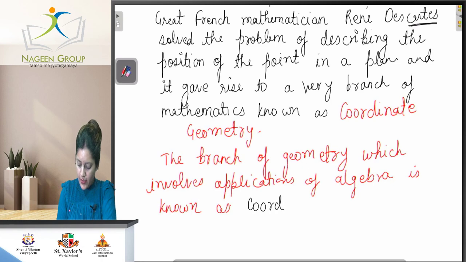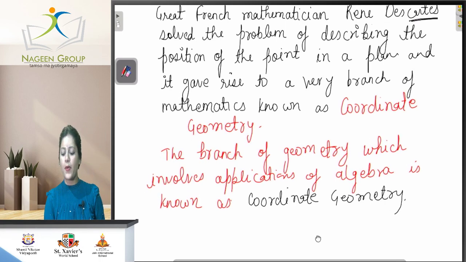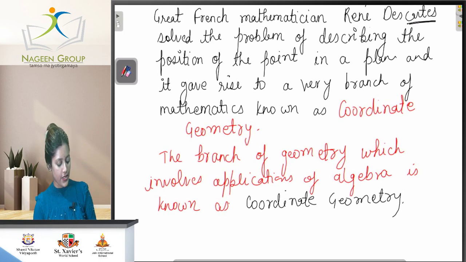Coordinate geometry. So here we learn two definitions. First is the history of coordinate geometry and second is the proper definition of coordinate geometry.